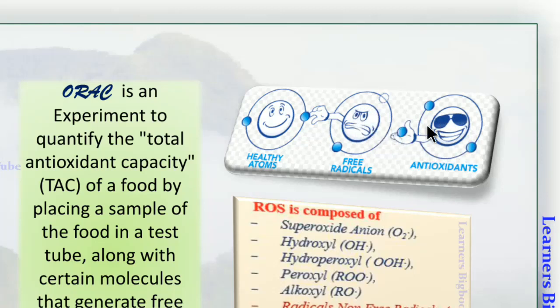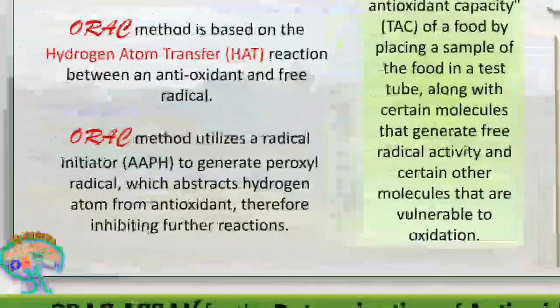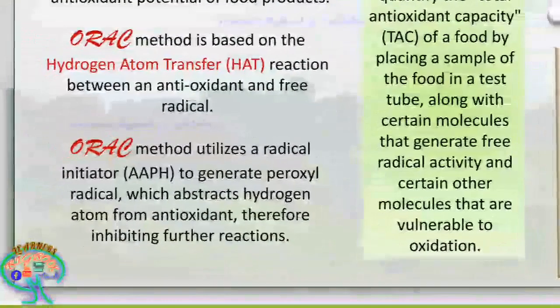So the antioxidants readily neutralize the free radical. Because of this, the free radical will not act on the biological system molecules, and it is not going to turn those healthy atoms into free radicals, and it is not going to cause any abnormality in the functioning of this healthy atom. This is how the hydrogen atom transfer takes place.